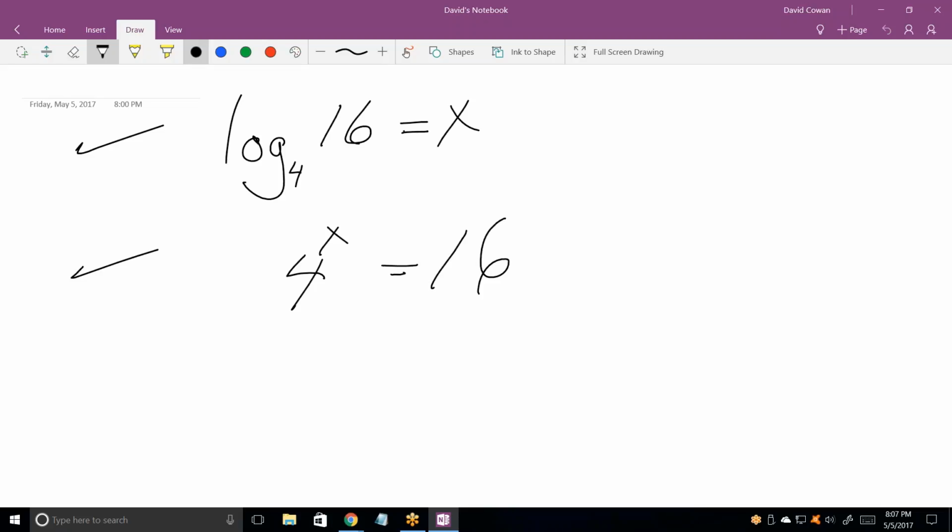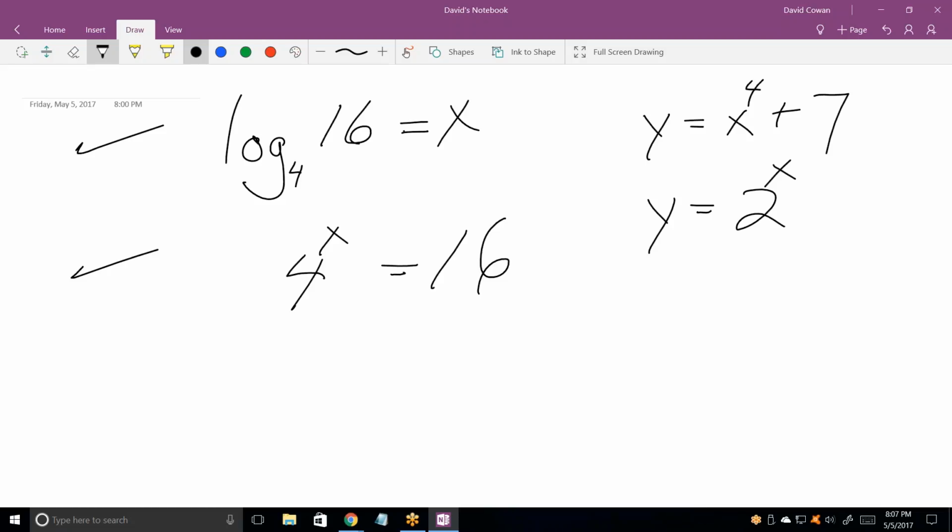This is not an exponential equation. This is an exponential equation. What's the difference? It's to the power of x?